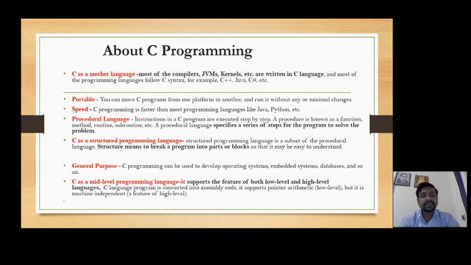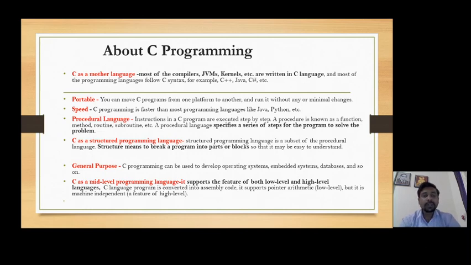Then C is considered a general purpose programming language because it is used to develop operating systems, embedded systems, databases, etc. And the most important characteristic is that C is a middle level programming language because it supports the capability of both low level and high level programming languages.